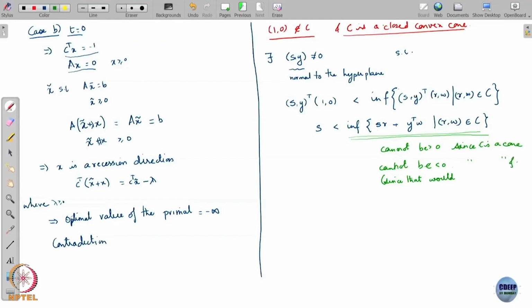C is a cone and S is finite. So, in other words, the optimal value has to be 0. So, consequently, what we have is that S therefore is strictly less than 0.